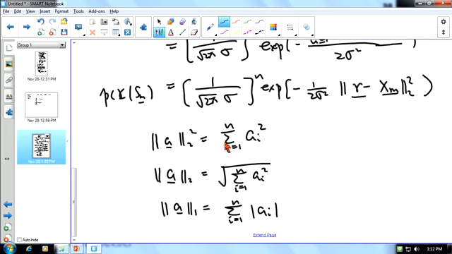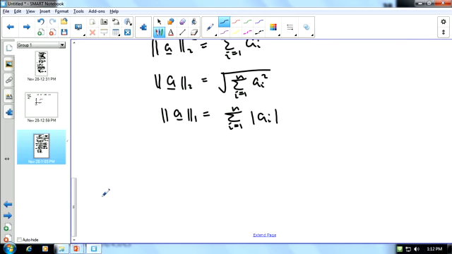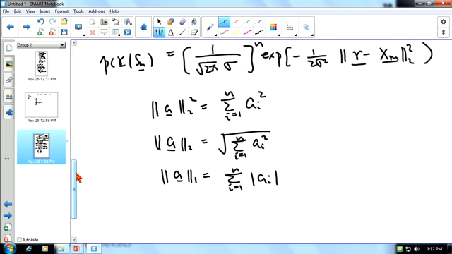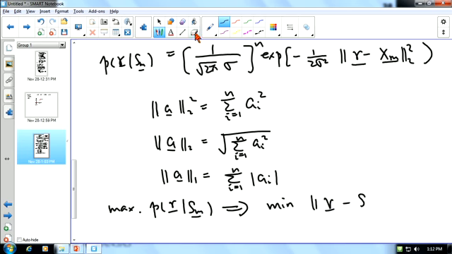Maximum likelihood decoding, in this case, maximizing P(R|S_m) is equivalent to minimizing the Euclidean distance. So now we are minimizing the Euclidean distance of all the possible code words.